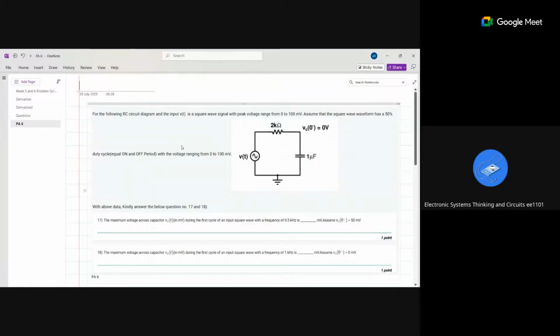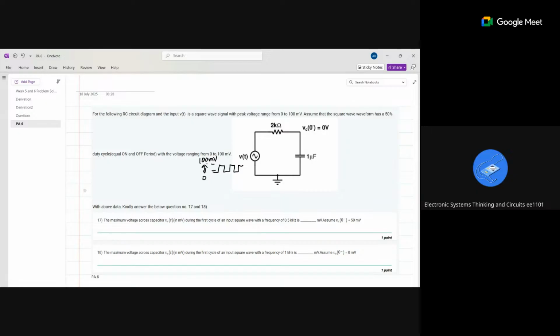We'll see the 17th question of the practice assignment. For the following RC circuit diagram, V of t is a square wave signal with peak 0 to 100 millivolt.